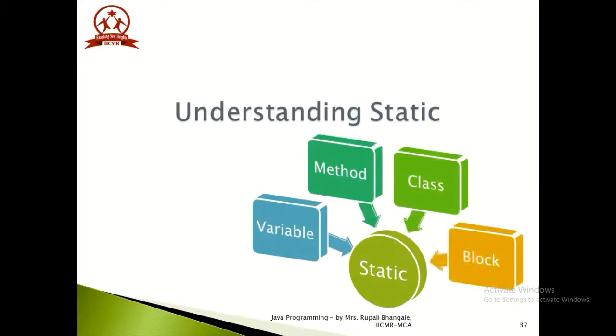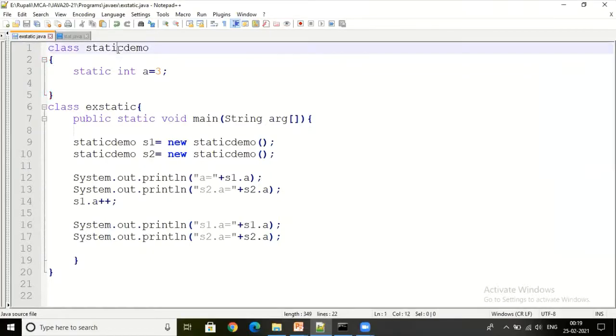Now let's see how the static keyword is being applied to the variable and how it is being stored into the memory. Let's assume we have created a class where we have declared one static variable and we have created one separate class where we have created two separate objects of the same class static demo.